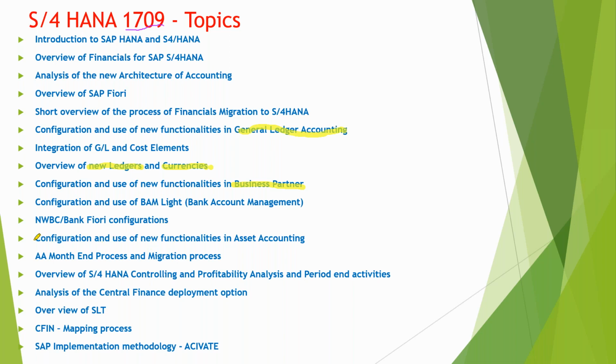Similarly, a major change, new functionalities and processes, has been brought into the asset accounting module. Here the approach to your transaction postings, valuations, accounting principle-wise reporting and depreciation calculation process has been very much simplified.